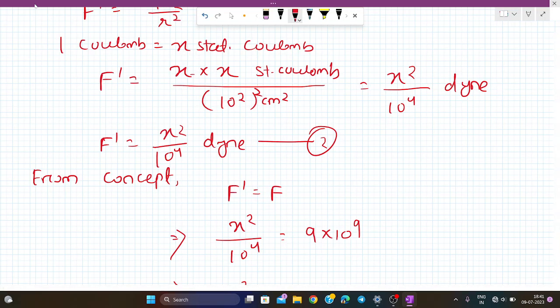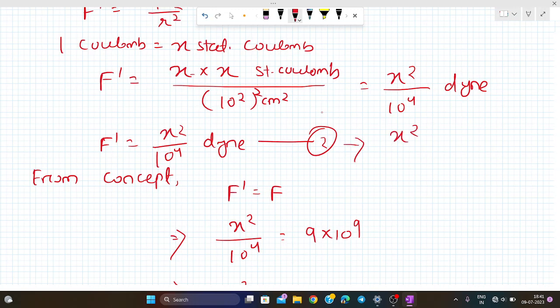Here I have done it in dyne. If I have to convert it into Newton, I will have to divide by 10 to the power 5, because 1 Newton is 10 to the power 5 dyne. So it will become x square divided by 10 to the power 9 Newton.